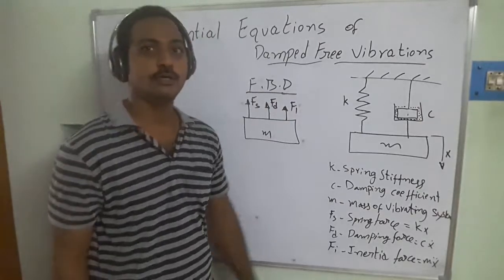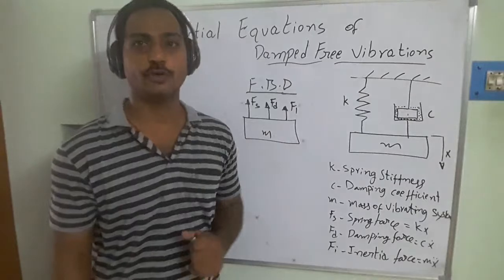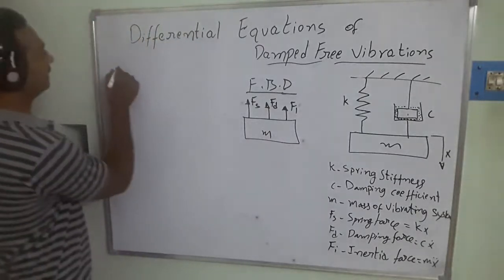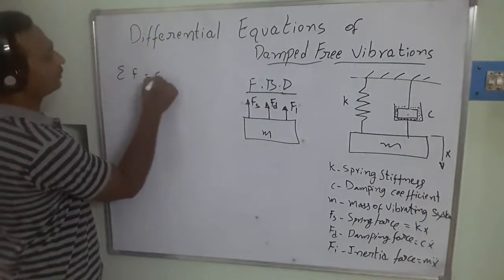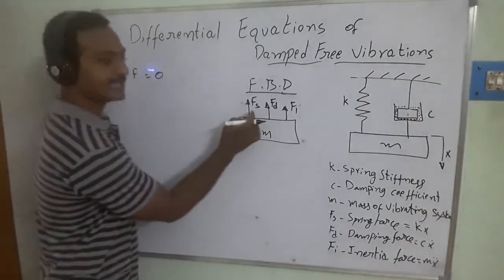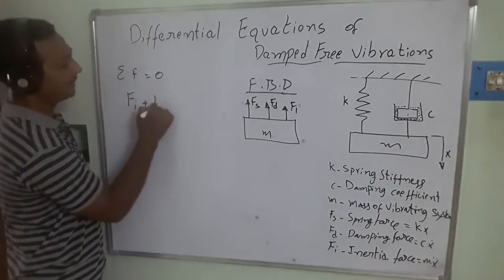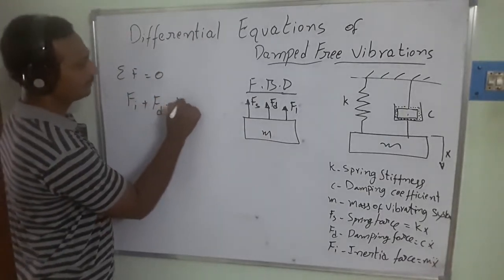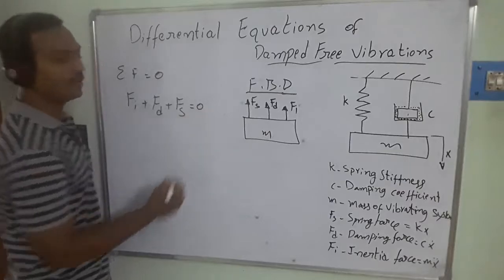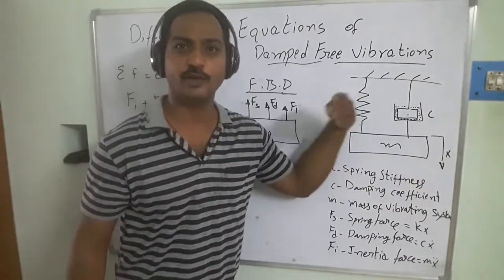As you know, the algebraic sum of the dynamic forces acting on the system is equal to 0, so sigma F is equal to 0. Three forces are acting: inertial force plus damping force plus spring force equals 0, because we give only the initial displacement and after that we remove the force.